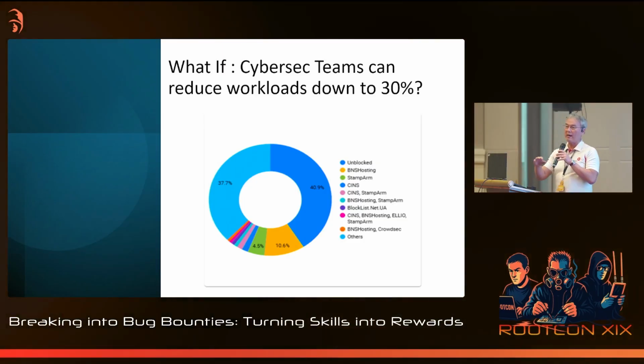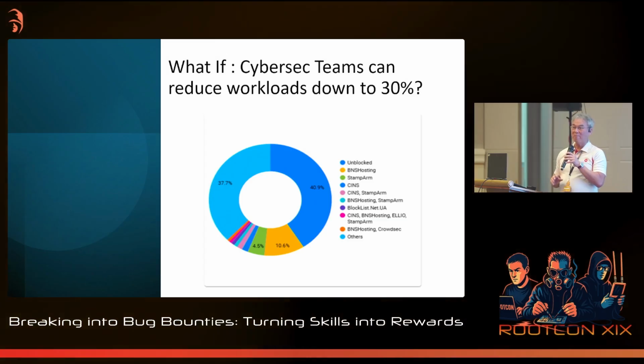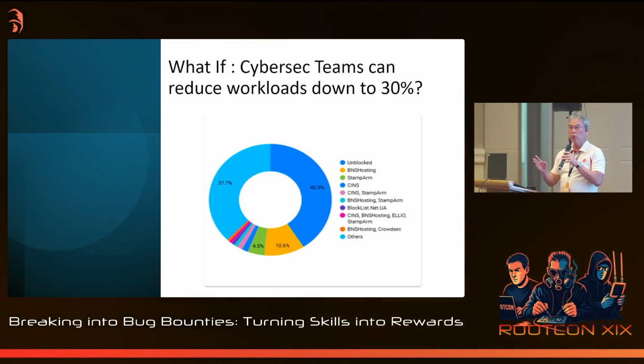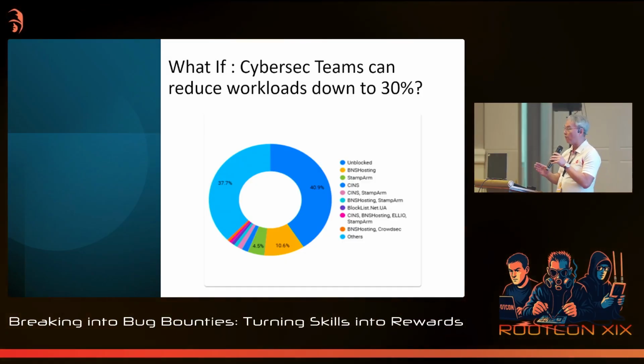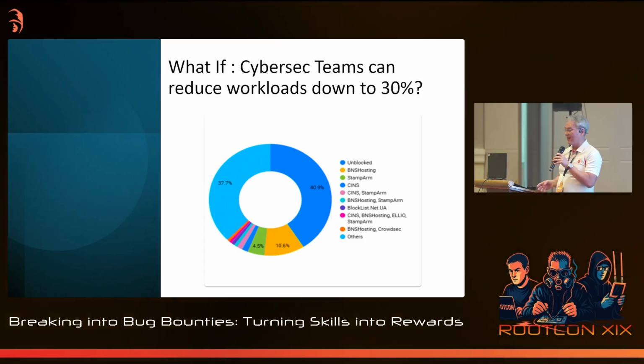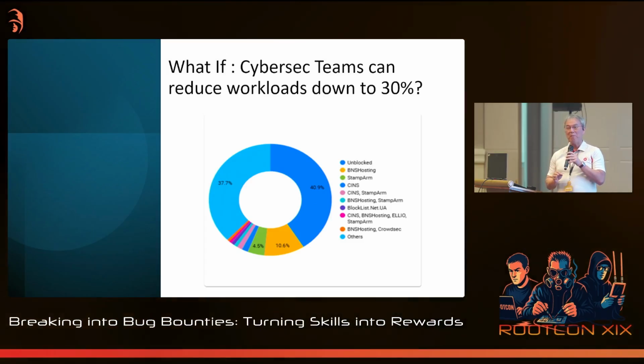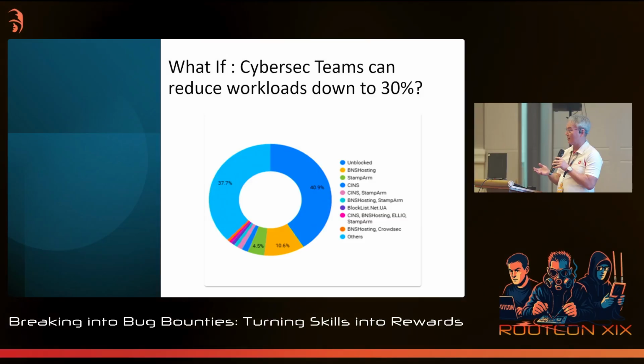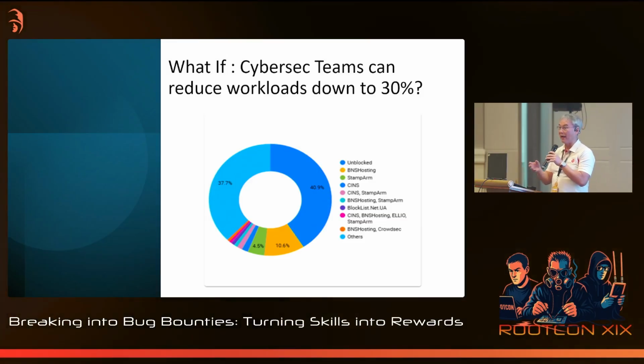So going back to the DICT example, how many people do you need to do forensics on 1.4 million attacks, versus how many people would you need to do forensics on like 140,000 attacks if you were able to reduce it by 90%?